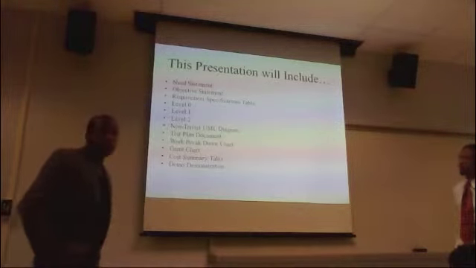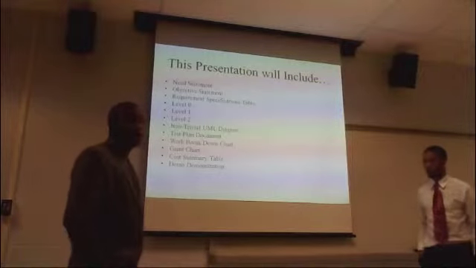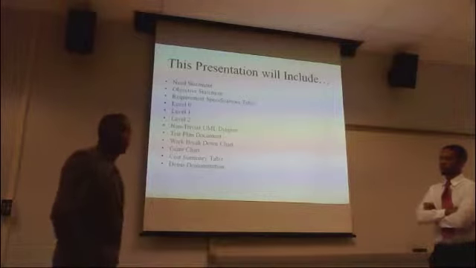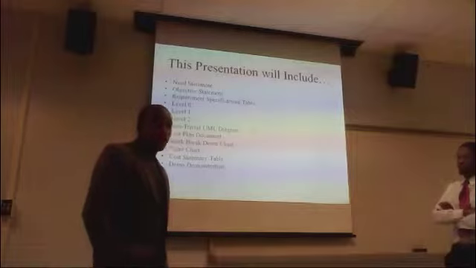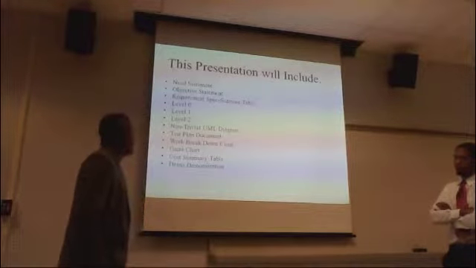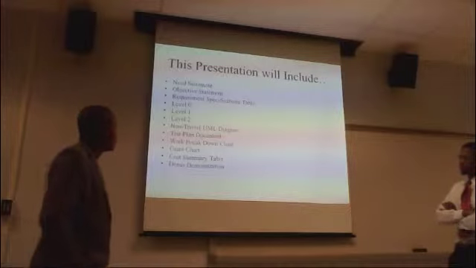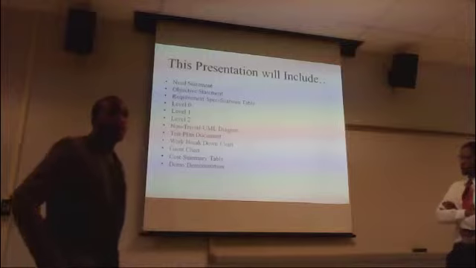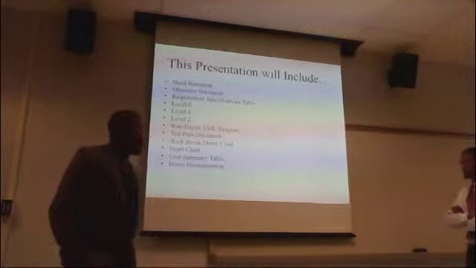We'll go through about 12 main slides of our products and everything we've done over this semester, including restatement, objective statement, problem specification table, level 0, 1, 2, and 3, non-trivial unit diagram, test plan document, work breakdown chart, a Gantt chart, cost summary table, and at the end we'll be doing a demo.